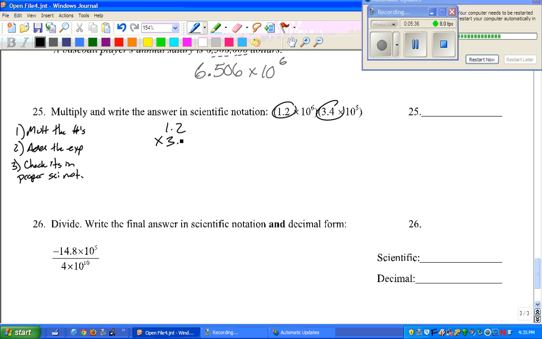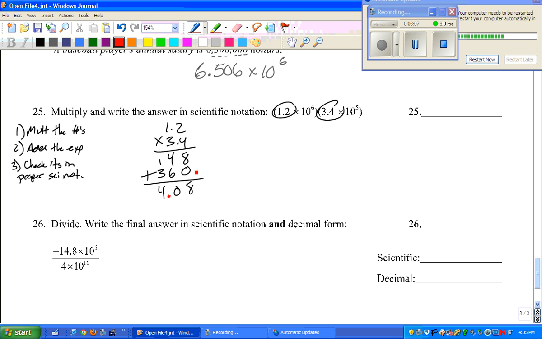Okay, so multiply the numbers. 1.2 times 3.4. 4 times 2 is 8. 4 times 1 is 4. Carry the 0. 3 times 2 is 6. 3 times 1 is 3. Add those numbers up. 8, 0, 1, 4. And there are 2 numbers behind the decimal.